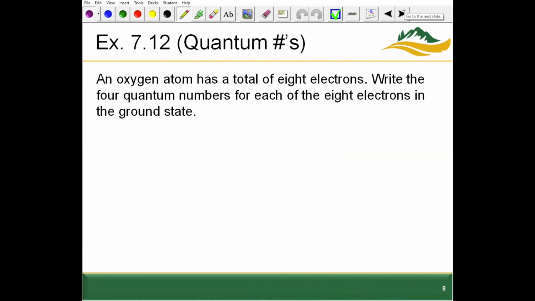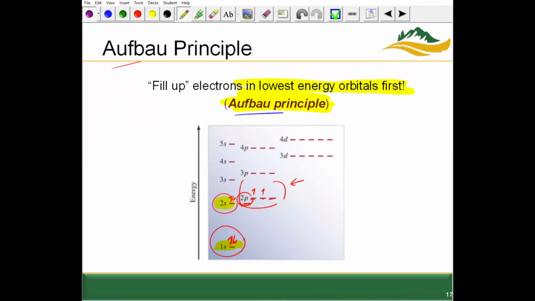Let's try this practice problem. So example 7.12, an oxygen atom has a total of 8 electrons. Write the 4 quantum numbers for each of those 8 electrons in their ground state, so in their non-excited state. Non-excited, or our standard state. When electrons are in their ground state, it's when they're in their most stable state.